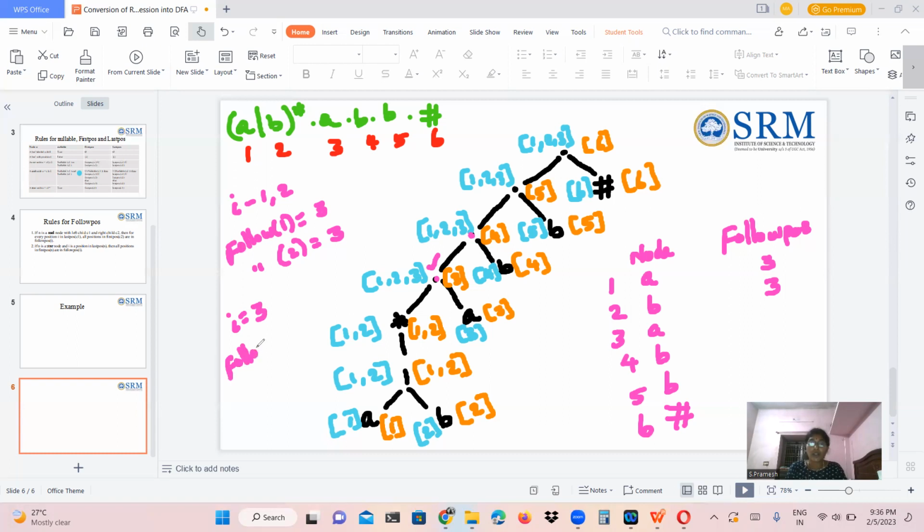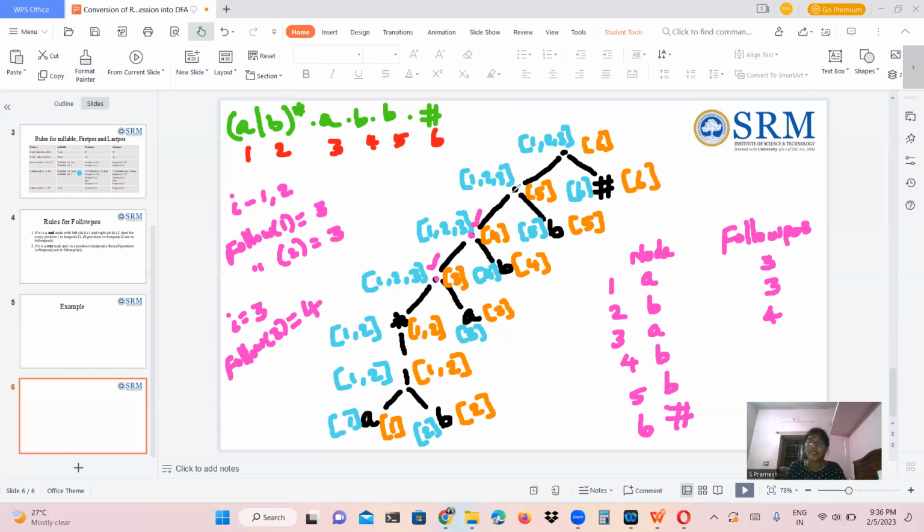Follow of 3 is equal to the first position of the right child. What is the first position of the right child here? 4. So follow of 3 is equal to 4. So fill 4 here. Okay, this is over.